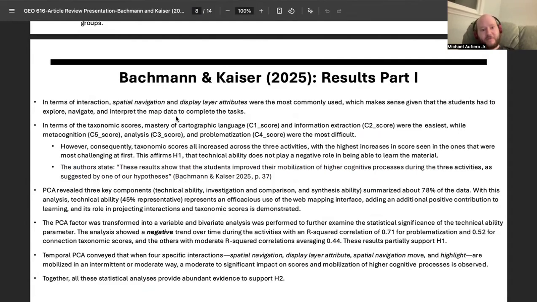And in order to interpret map data, display layer attributes tells you information about the layer which could help you interpret the map. And that also mobilizes cognitive processes as well.